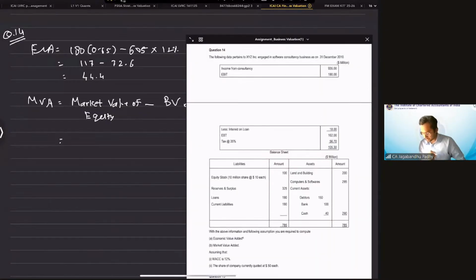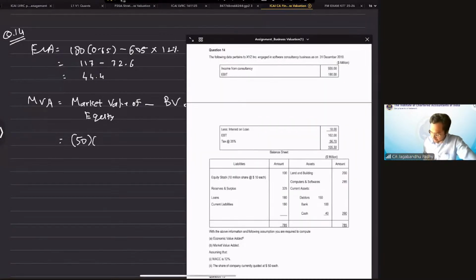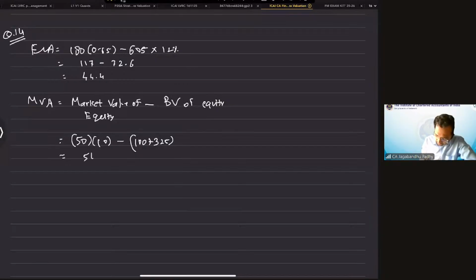We have the market price available to us. The shares are currently trading at 50, right? So 50 into the number of shares, 10 million shares, minus the book value. Book value is going to be 100 plus 325 only, which is the capital and the reserves. So this is going to be 500 minus 425, which is 75. So market value added is 75.